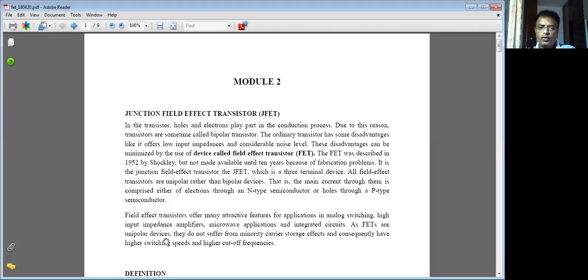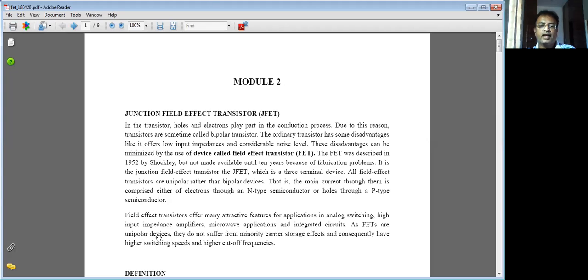FETs are unipolar devices. What do we mean by unipolar devices? Uni means single polarity. That means the current in the FET is due to one polarity of carriers, either electrons or holes.